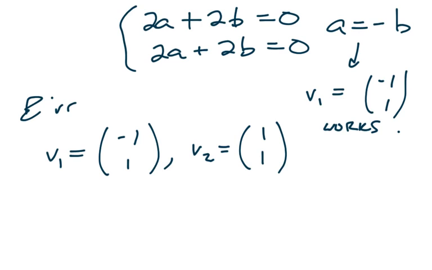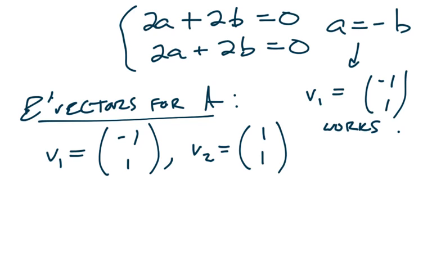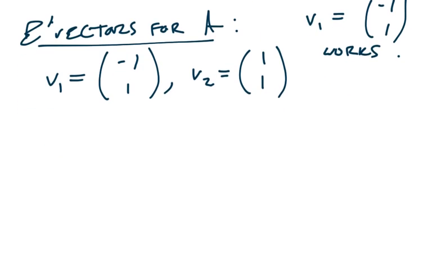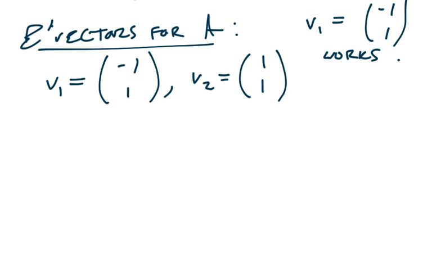So these are my eigenvectors for A. And pause the video for a second after I give you this prompt and think about what is significant about v1 and v2 here. This is a very open-ended question, of course, but what can be said about the collection v1, v2? Take a few minutes, try and think about what can be said about v1 and v2 together.